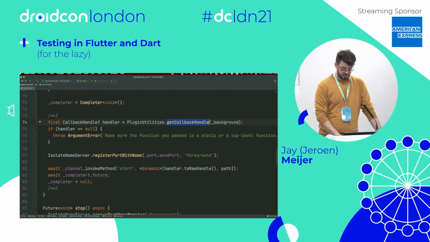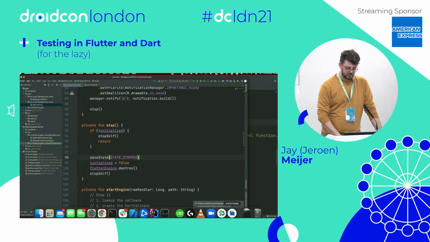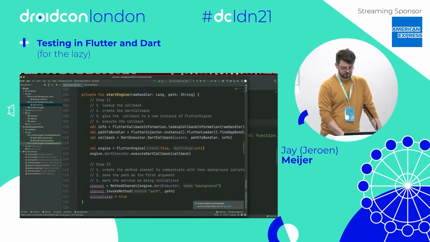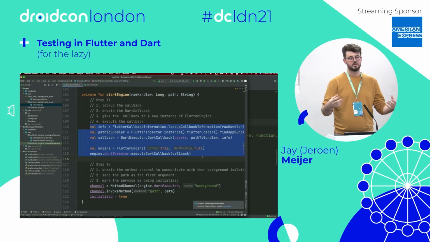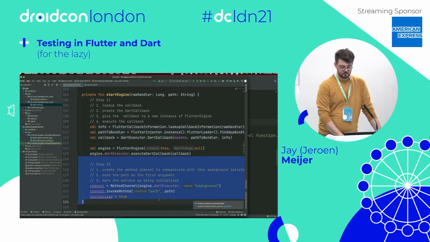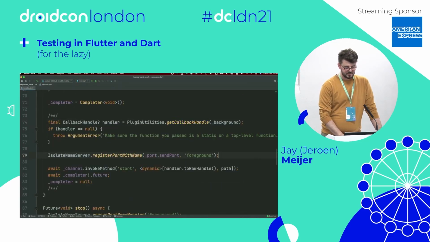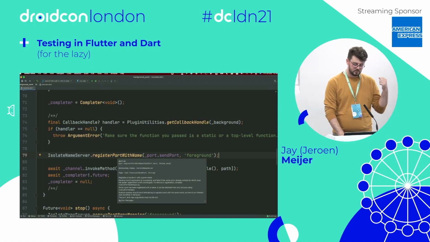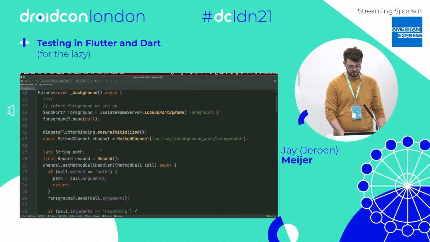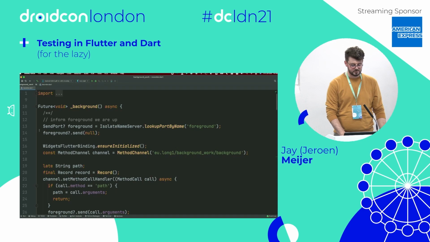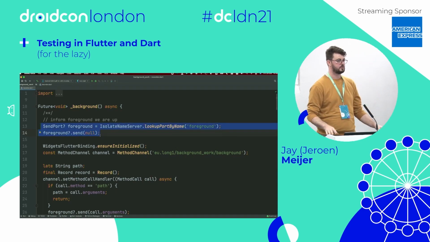We used this on the Android side to actually start our engine. We created an engine, gave it the function information, and then ran it. At the same time, we created a channel that runs on that engine. And when we were in the background, we used the register port name to communicate with the foreground on a send port.